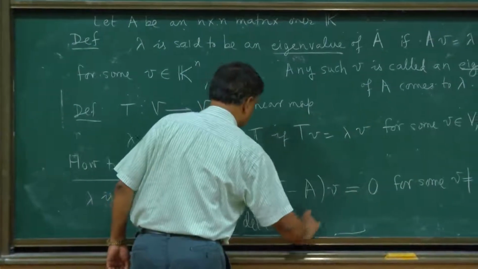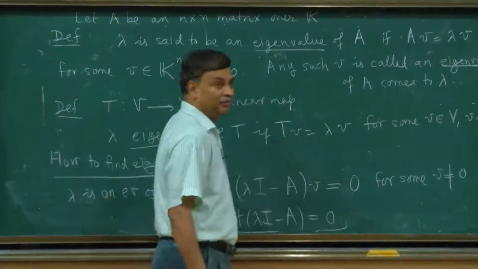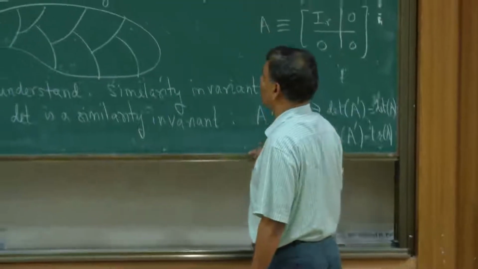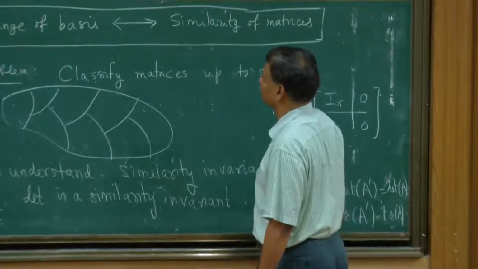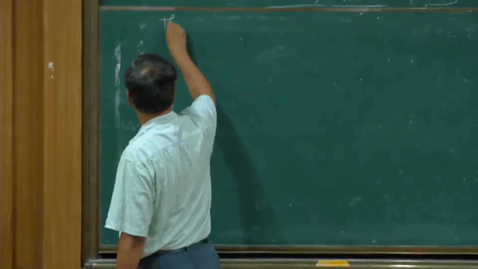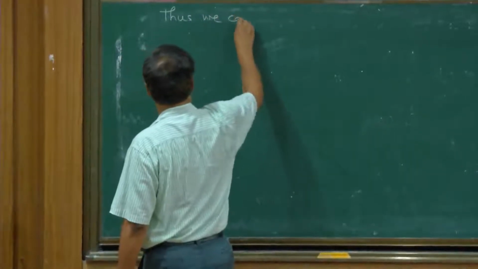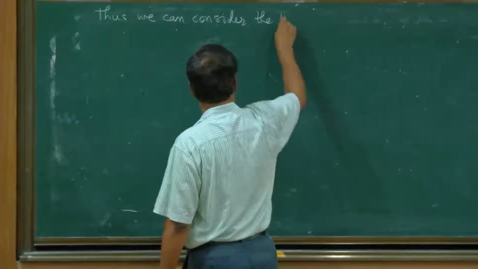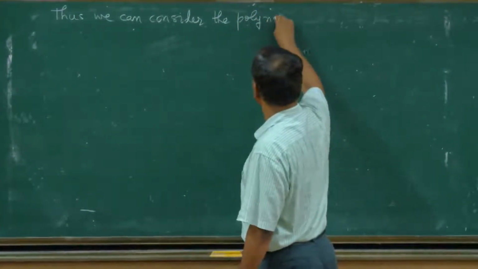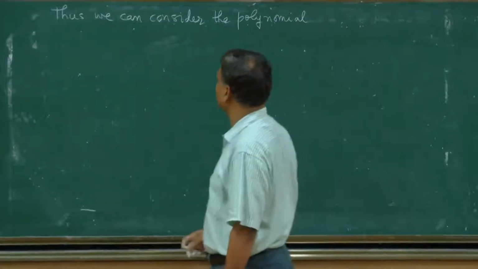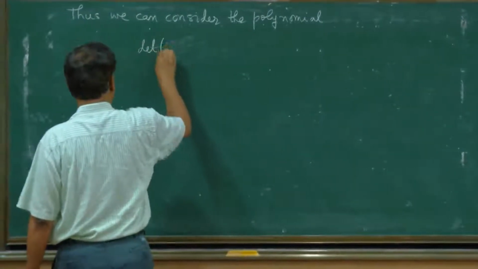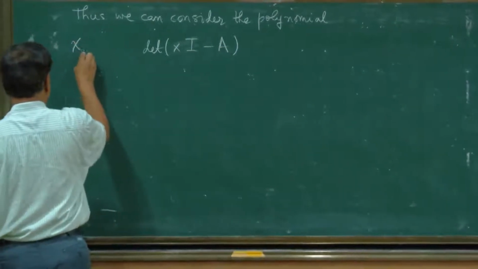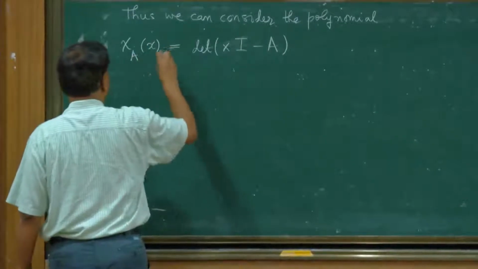By what we discussed yesterday, thus we can consider the polynomial, the determinant of x I minus A, which I denote by chi sub A of x.